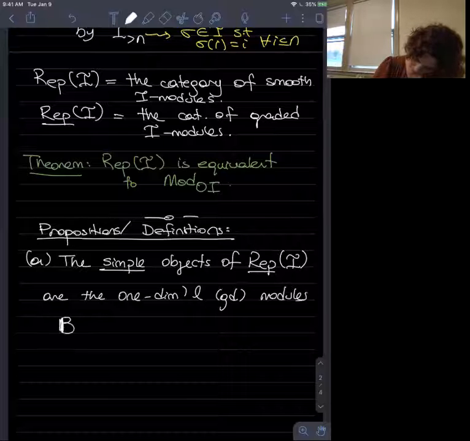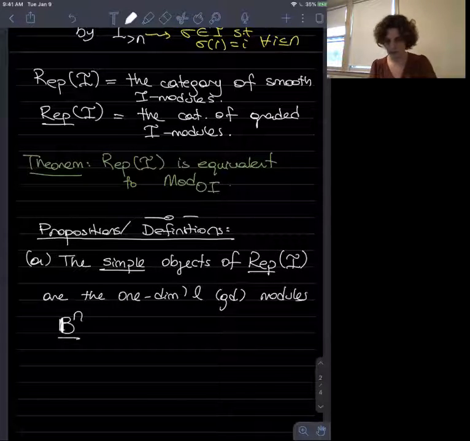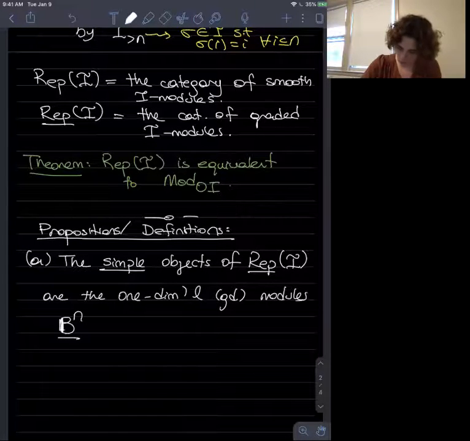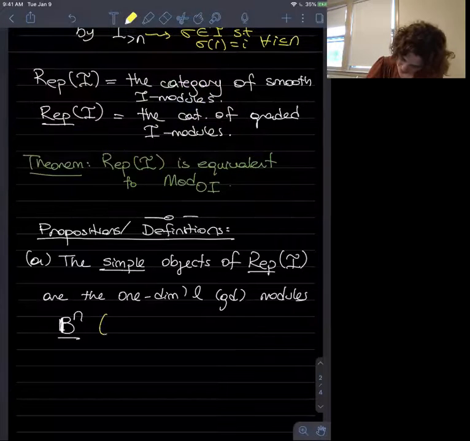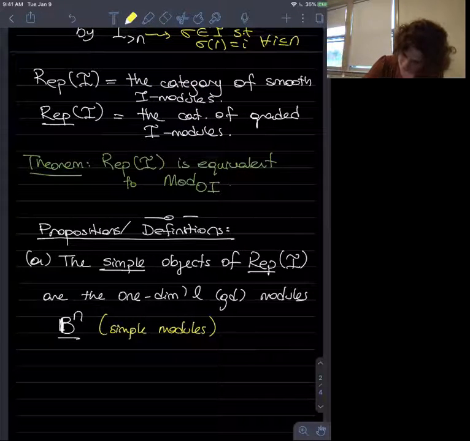So I will denote them as B_n with the underline. And again, if you want, you can drop the line and just focus on the smooth case. This is what we called simple modules. Right?